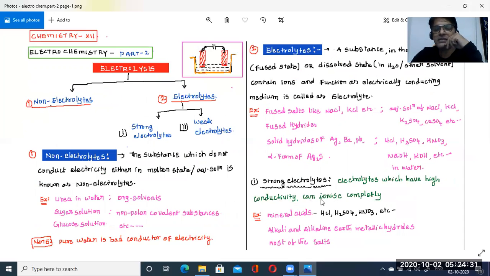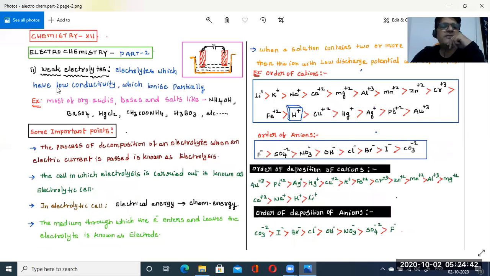Otherwise, we can simply say they ionize partially. So the electrolytes which have low conductivity ionize partially. Examples for weak electrolytes: most organic acids, bases, and salts are good examples of weak electrolytes.